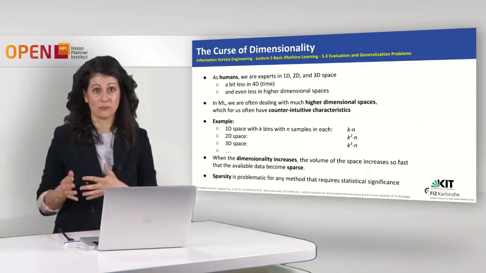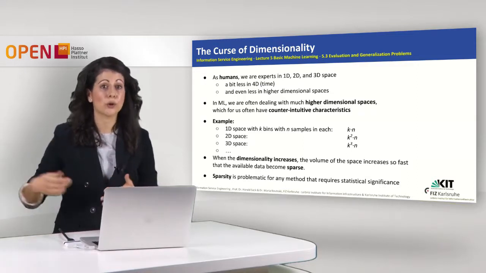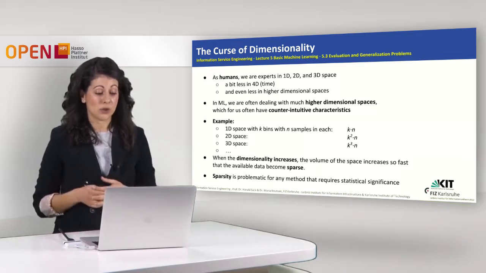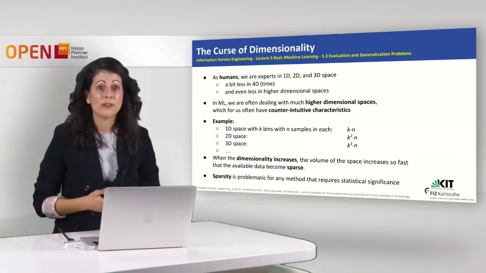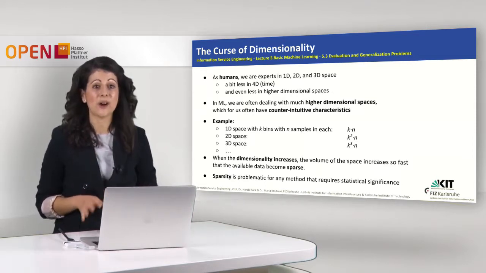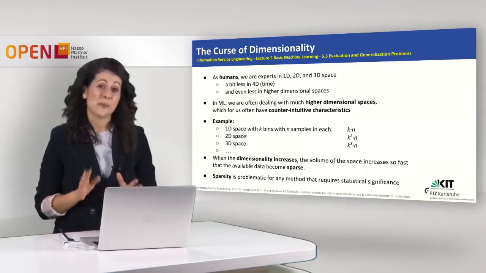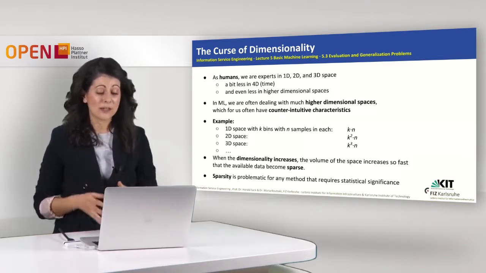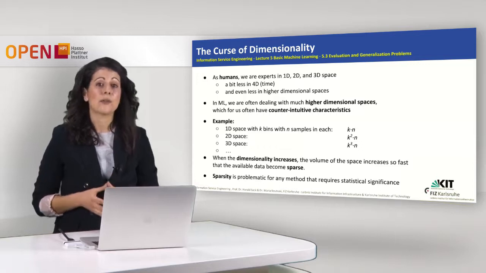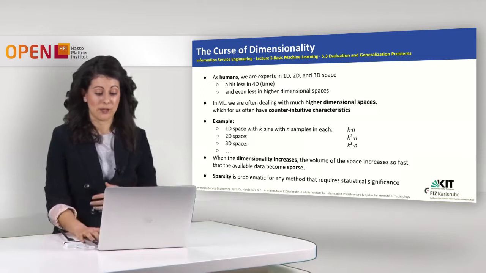And imagine how much this will grow when we have more and more features, or more and more dimensions. So, when the dimensionality increases, the volume of the space increases so fast that the available data become sparse. And sparsity here is problematic, especially for the methods that require statistical significance, which is something that we account for.